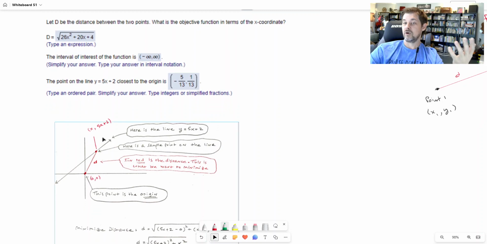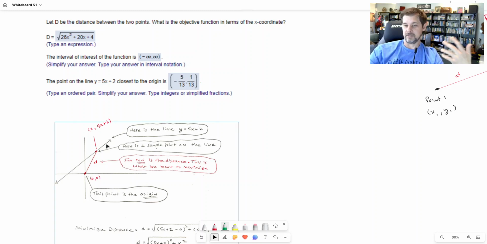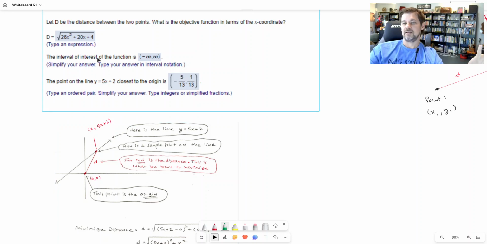And although it looks like the point that's closest to the origin is somewhere in the middle, I can't rule anything out, all right? I can't say that it's absolutely impossible that any point is not the closest, because I'm just looking at this picture. The picture doesn't really prove anything. It kind of motivates my thinking, but that's it. So that's why the interval of interest is negative infinity to infinity.